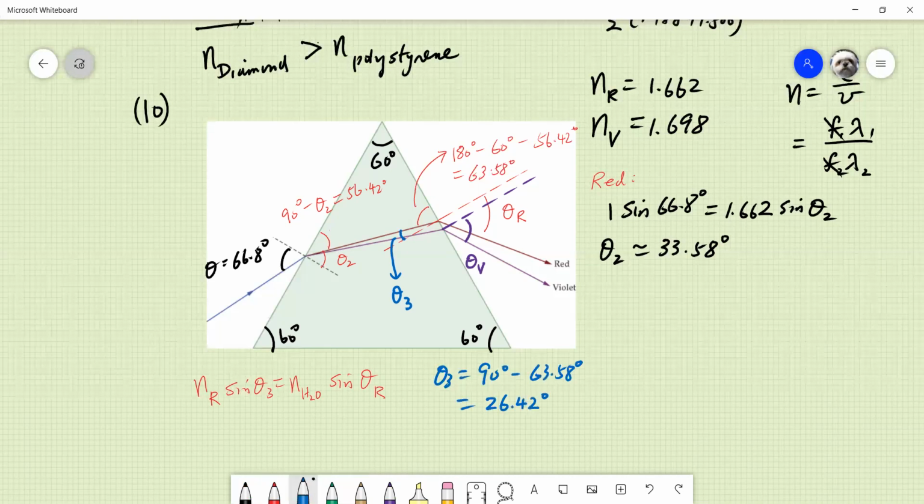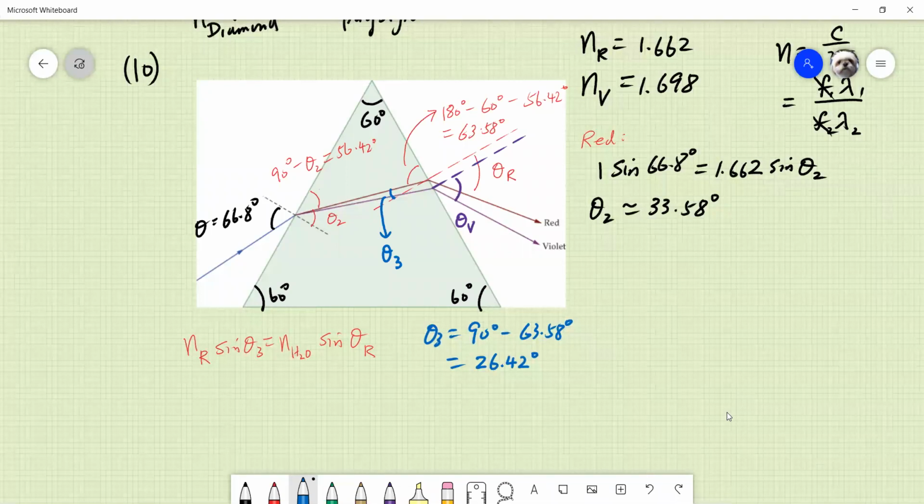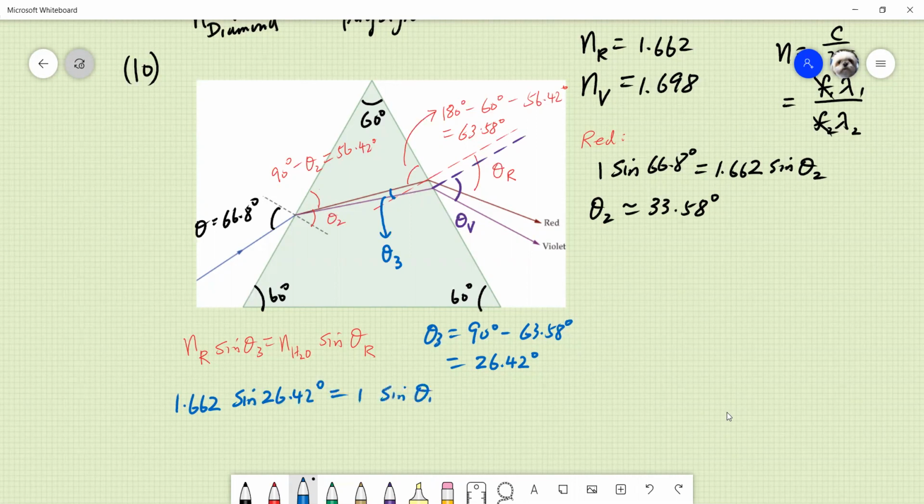So therefore, how are we going to find theta r? I'm going to substitute everything here. 1.662 sin 26.42 degrees equal to 1 times sin theta r. Then you take the arcsin of the argument inside.